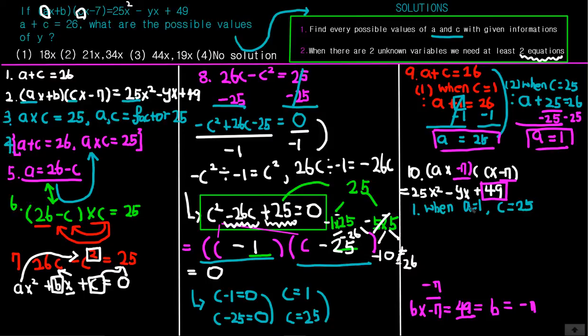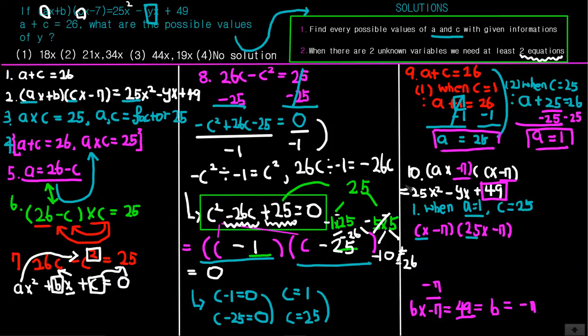And now we can input our values of a, which is 1x minus 7 times c, which is 25x minus 7. Here 1x is from the a, and the 25 is from c. We don't have to multiply the x and x terms because we already know that it will give us 25x squared, so it's wasting time. All you have to see is the value of y.